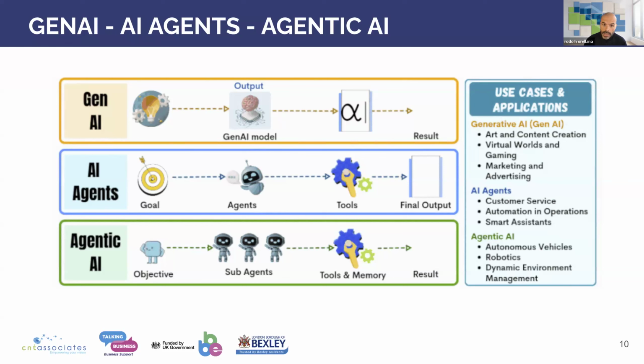AI agents use generative AI, but they are driven by a goal. So it's like having ChatGPT, but with a goal, and you give ChatGPT a set of tools to get you an output. For instance, scrape this website, give me this information, and put it in an article so I can understand. This would be maybe an agent goal. And then agentic AI is a bit more complex.